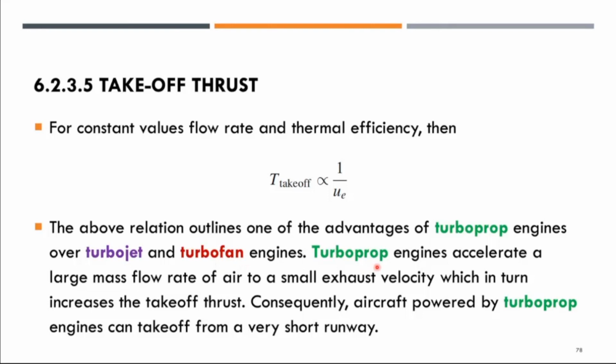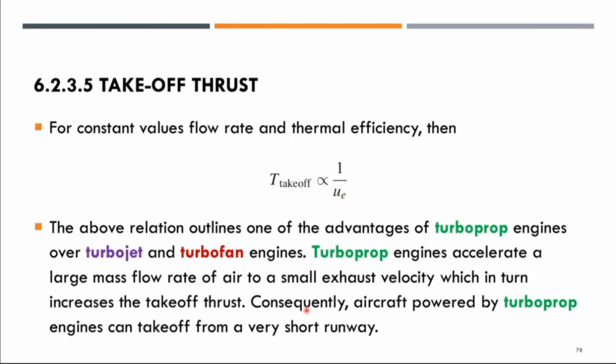A turboprop engine accelerates a large mass flow rate of air to a small exhaust velocity, which in turn increases the takeoff thrust. Okay, you want a higher takeoff thrust with a small exhaust velocity.